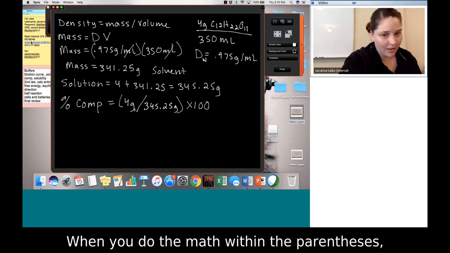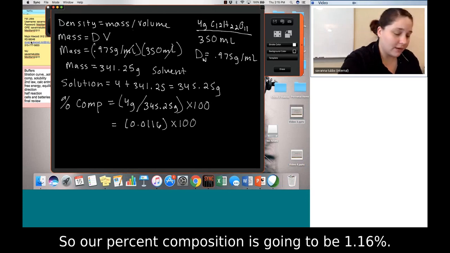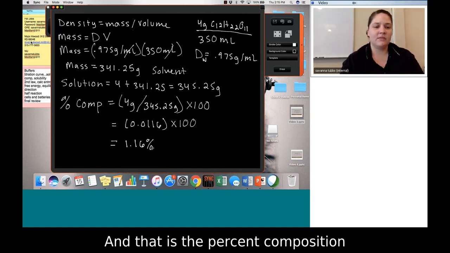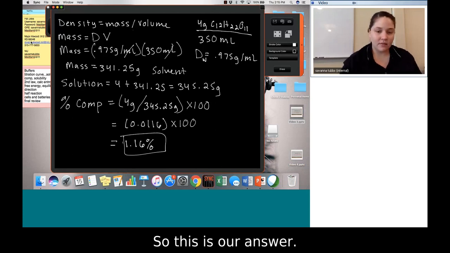When you do the math within the parentheses, you're going to get 0.0116 times 100. So our percent composition is going to be 1.16%, and that is the percent composition of the sugar solution. So this is our answer.